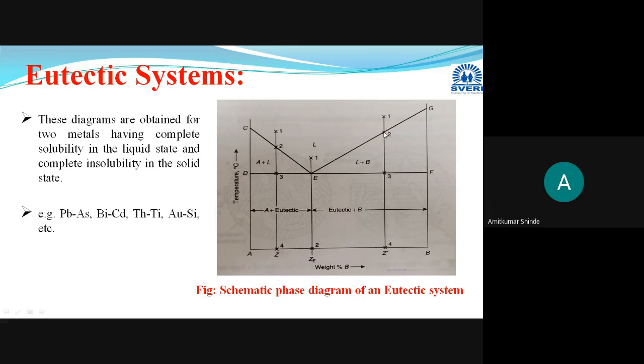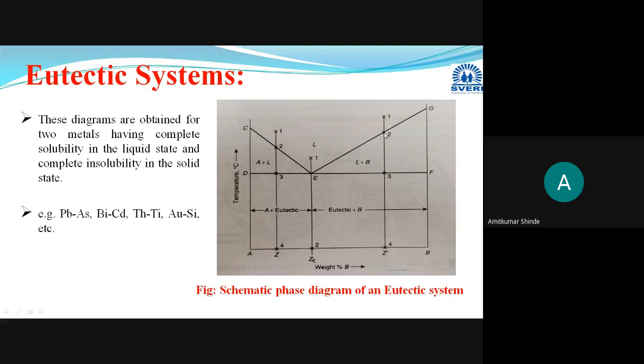And when temperature drops below this point 2, then from this liquid the element B will start separating out, and whichever element B will separate before this point 3, that element B will be termed as proeutectic B, free element B, or primary element B, because this is separating before the actual eutectic transformation.